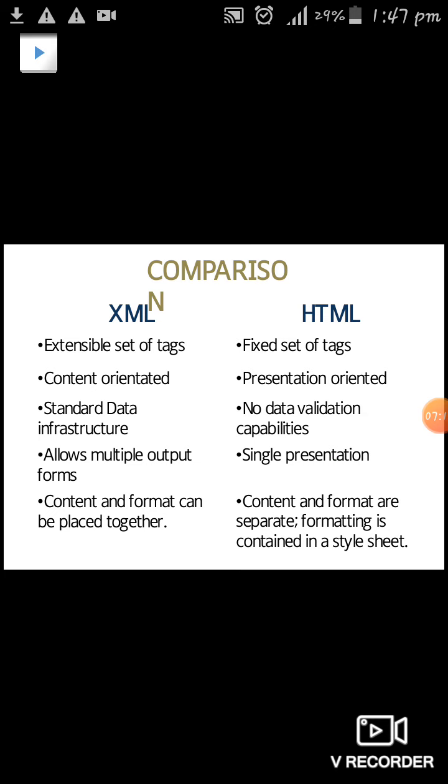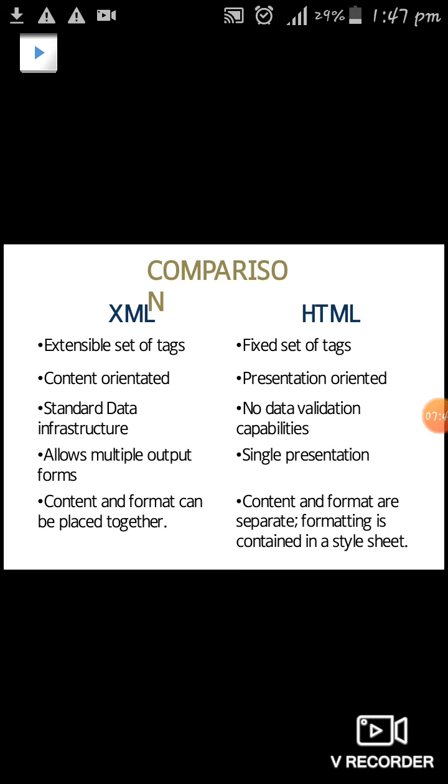So when we compare XML and HTML by tags, HTML has predefined tags, whereas XML has its own set of tags. XML is a content oriented data structure, that is, it mainly concerns what data are stored in the data structures or database.